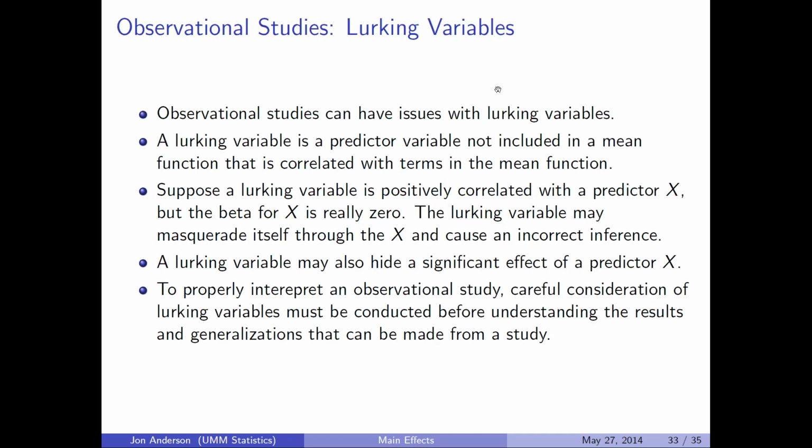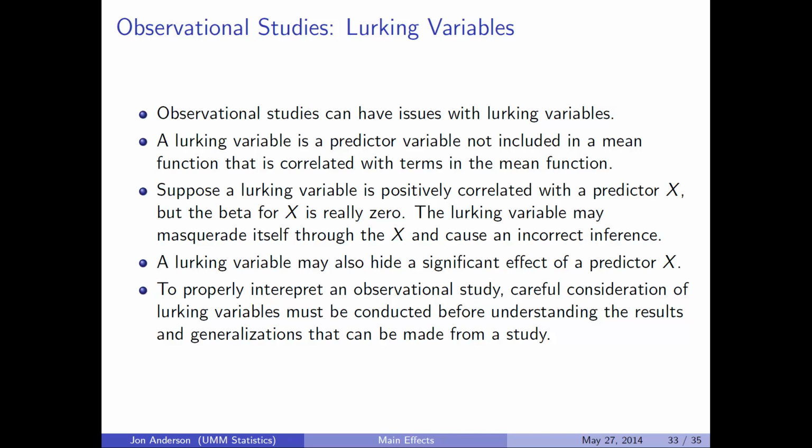Observational studies are usually the ones we do because they're available, they're often inexpensive, and they can be done for ethical reasons. The problem with observational studies is that there are always potentially dangerous problems with lurking variables. Variables that were not in your study but have a very important impact on the mean function.